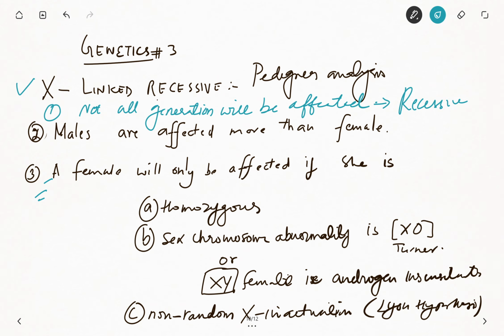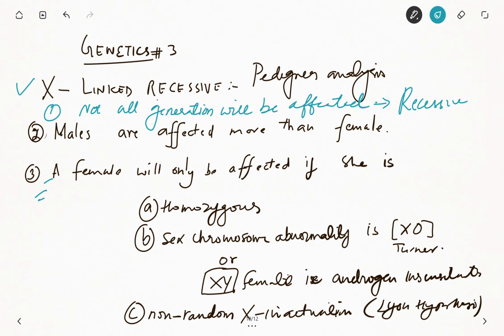like for instance she has only one X chromosome as seen in Turner syndrome, or she is a female phenotype but her genetics are of a male, like in androgen insensitivity syndrome, so the genotype is of a male and she will manifest the condition.